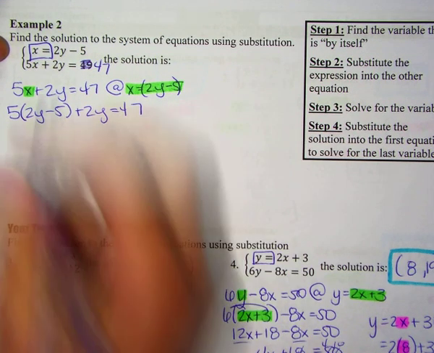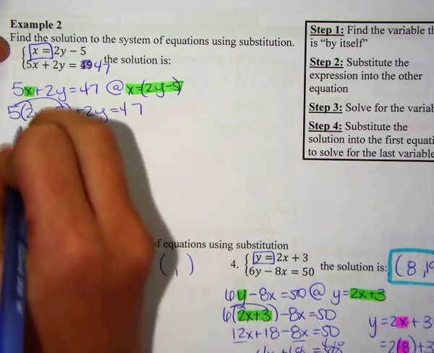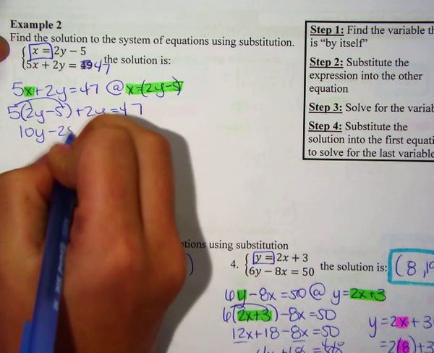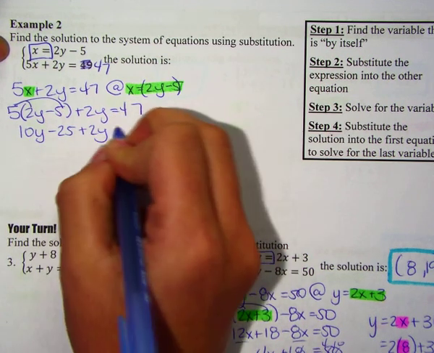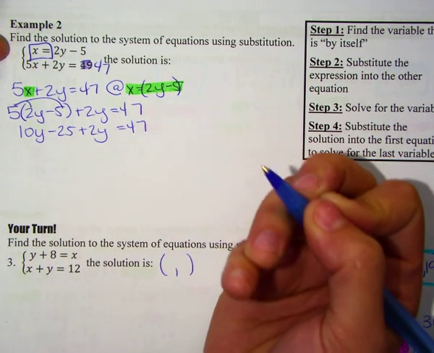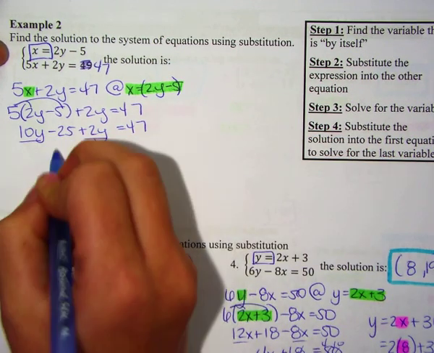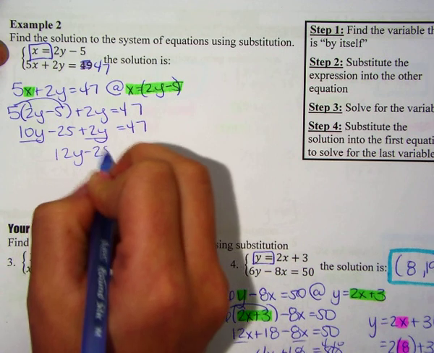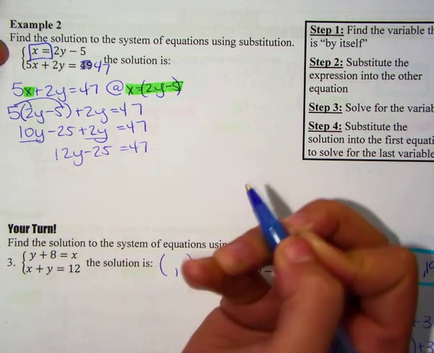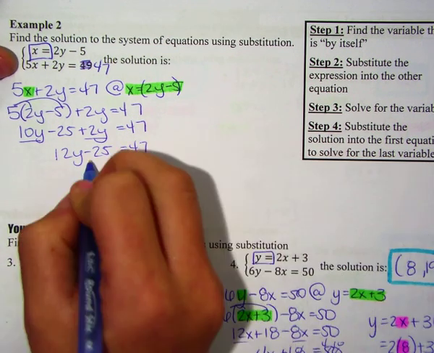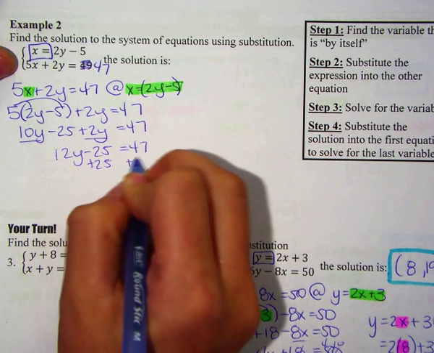Now I will distribute. Rewrite everything that's left. Combine like terms. Isolate y by adding 25 to both sides.